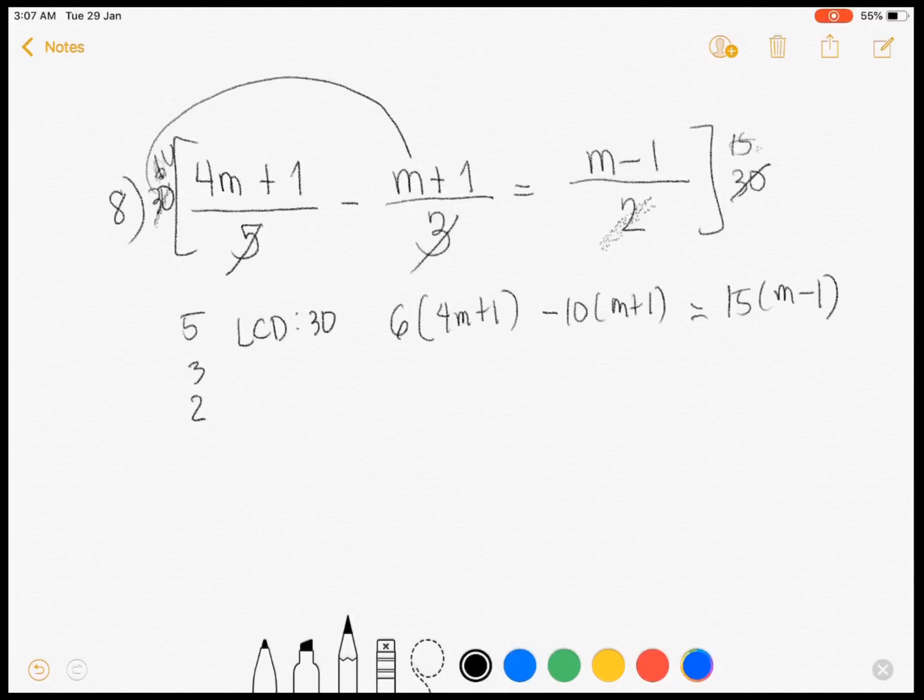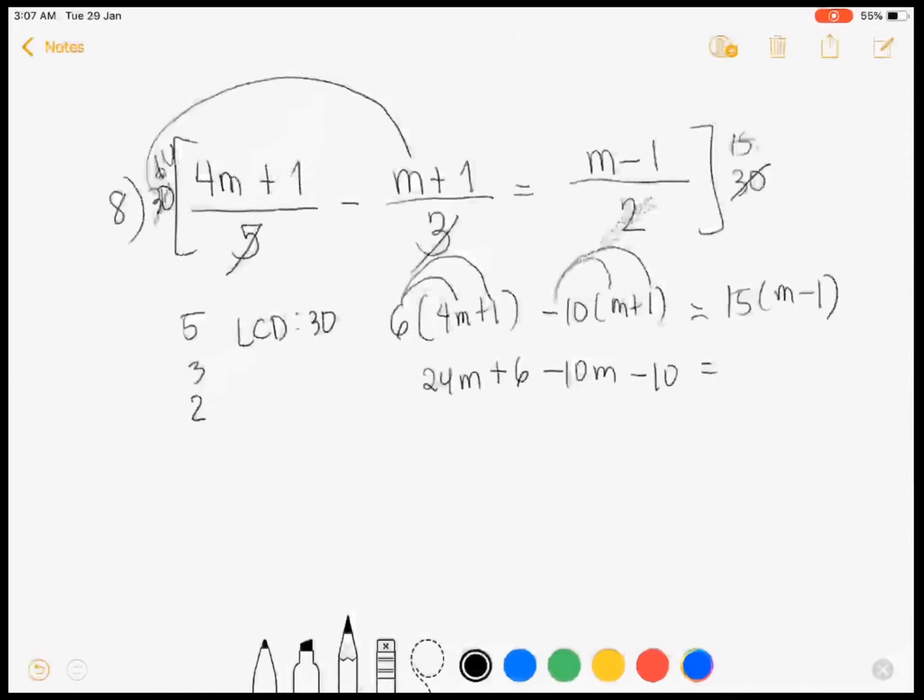Okay, then alisin natin yung mga parentheses by distributing the constant. So we have 6 times 4m is 24m. Then 6 times 1 is positive 6. Okay? Then dito sa next term, we have negative 10 times m is negative 10m. Then negative 10 times positive 1 is negative 10. Okay.